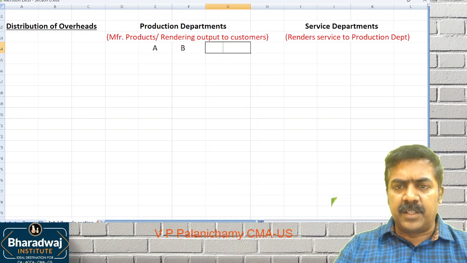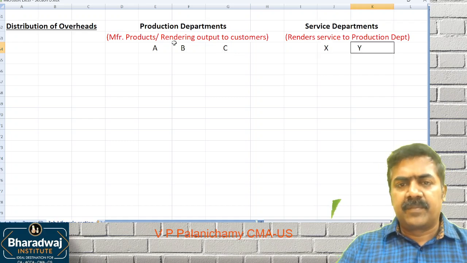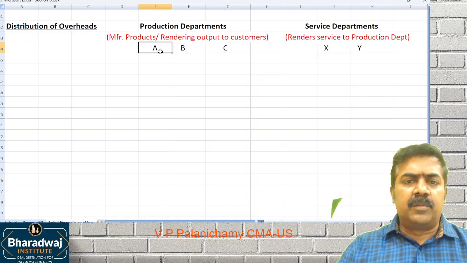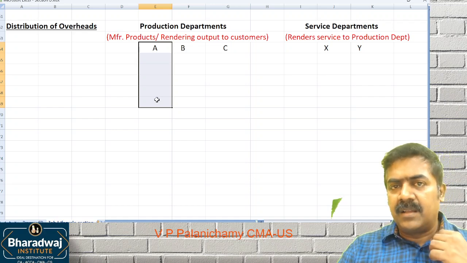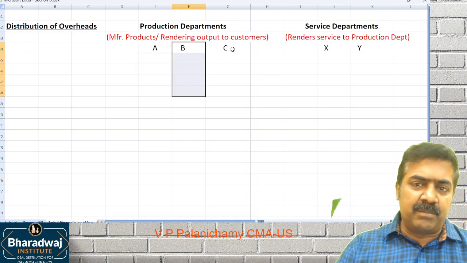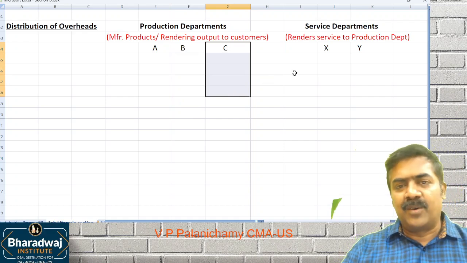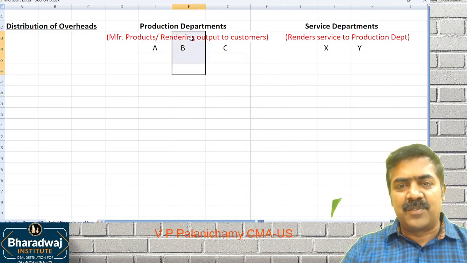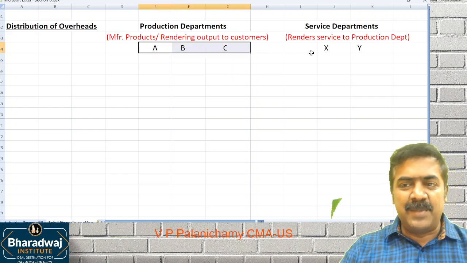There are three production departments and two service departments, X and which one? Y. For example, Department A manufactures ready-made shirts for men. B, ready-made pants for men. C manufactures which one? Kids garments. Which may be men's garments, women's garments, kids garments also. For example purpose, I'm using that. So A, B, C.